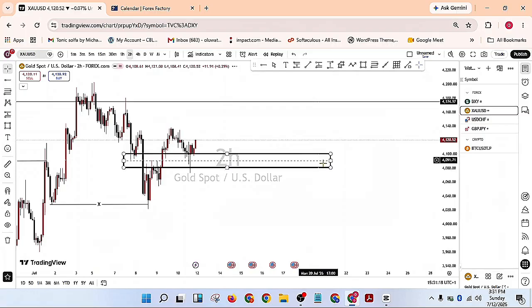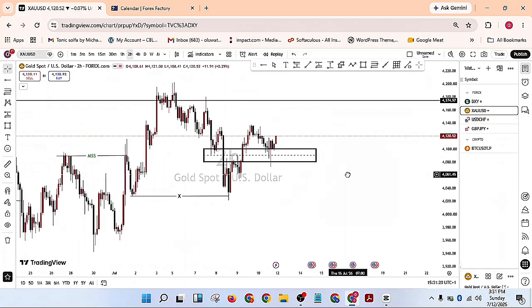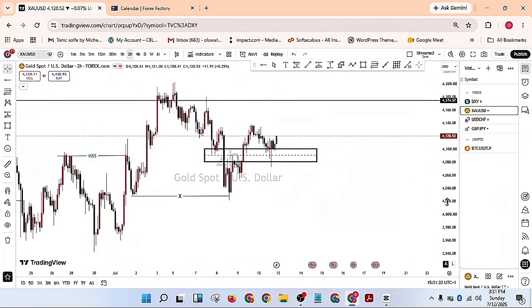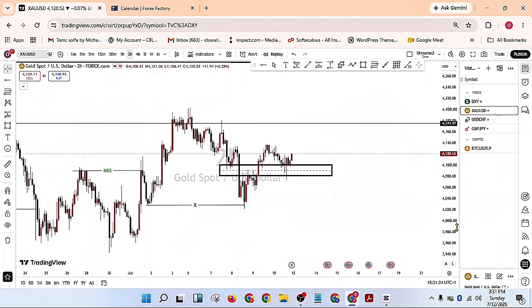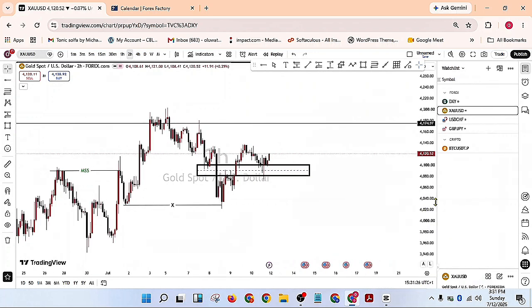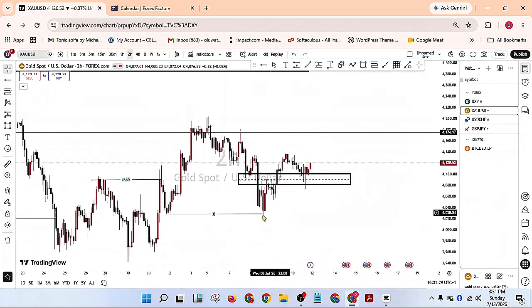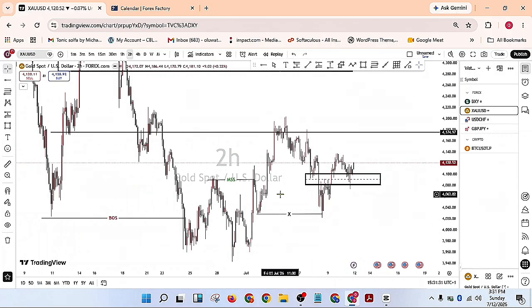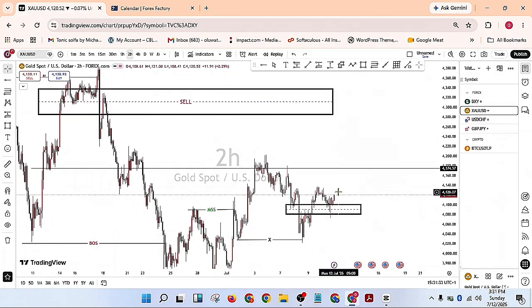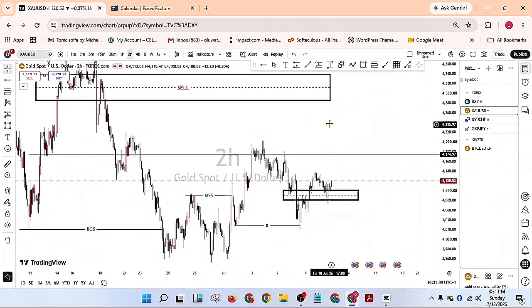Normally, if you are an aggressive trader, you can jump on the buy. But me, I will not jump on the buy, because the market can just open and leave a gap. We just spike up. So jumping in is risky.